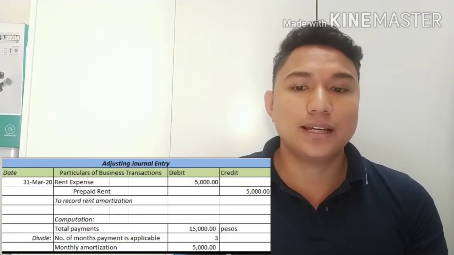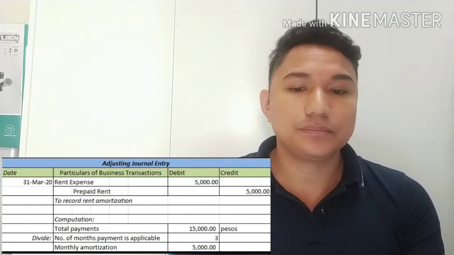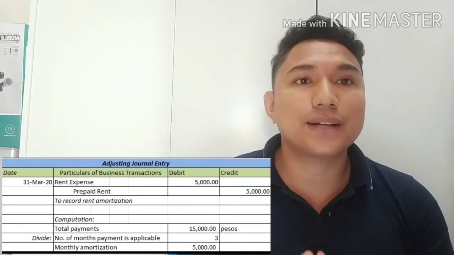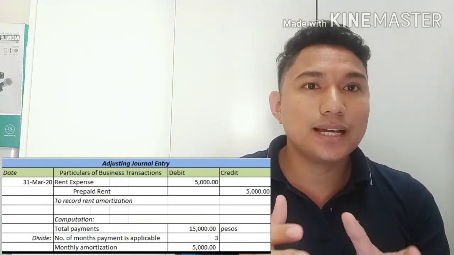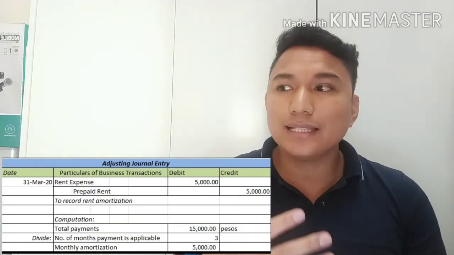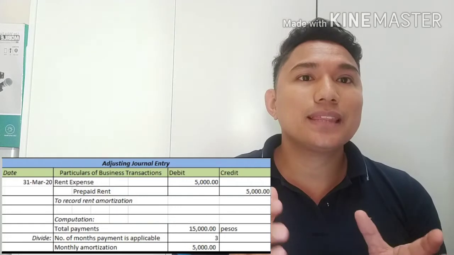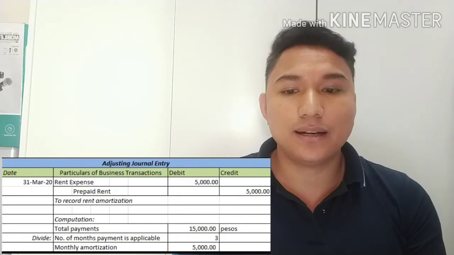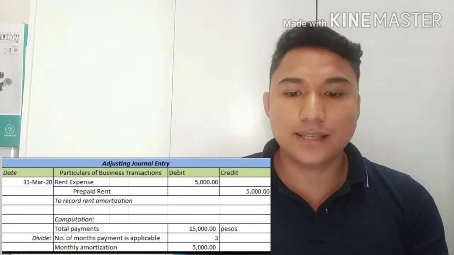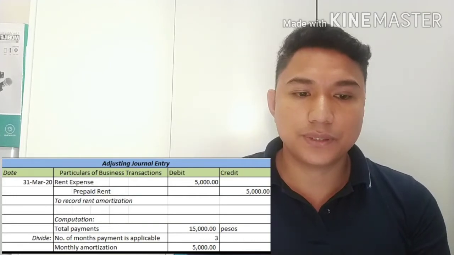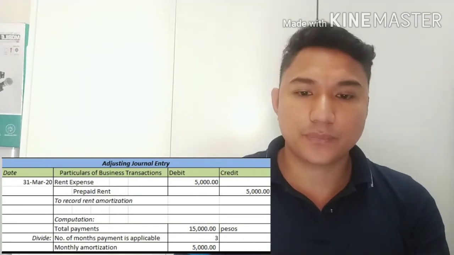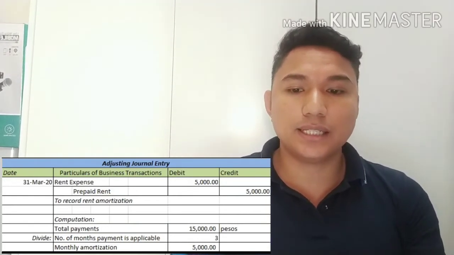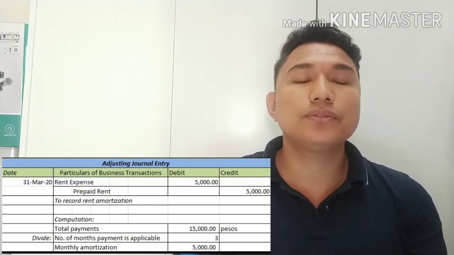The last adjusting entry is the recognition of rent expense. We are going to amortize the prepaid rent, meaning we have to recognize the rent that we already used up. Okay, last March 16, we paid the rent of 15,000.